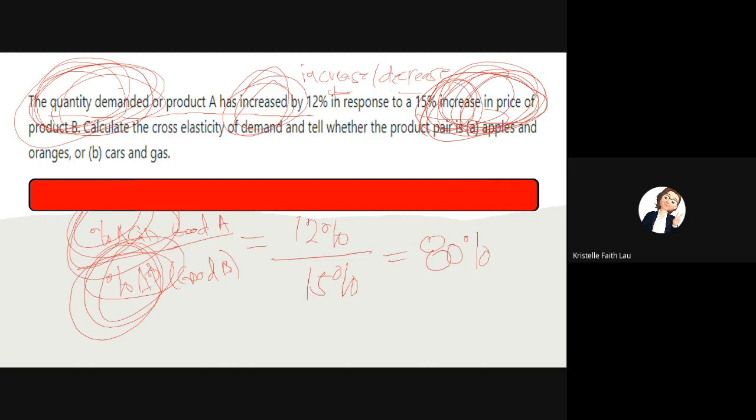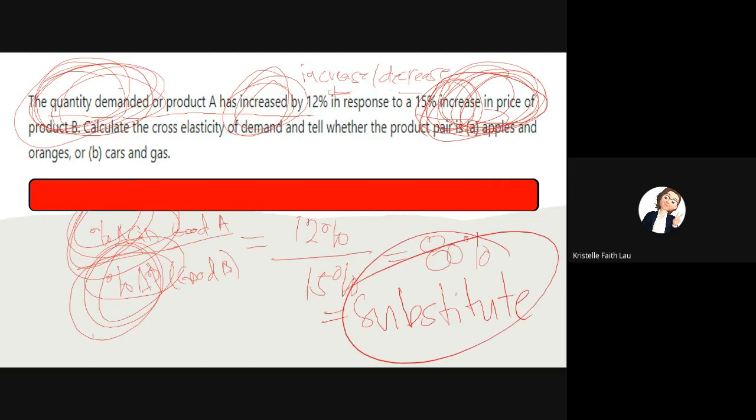If positive gani siya, sa gani ang iyahang interpretation pag negative or positive siya. If positive, it means substitute. Okay, so our answer here is substitute. Pero pag negative, kay complementary.